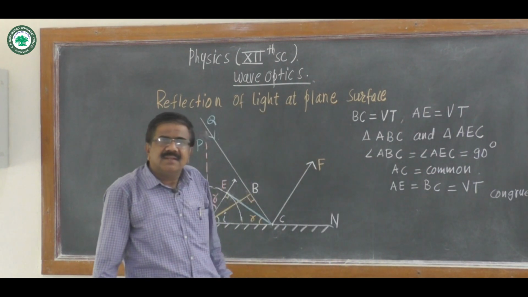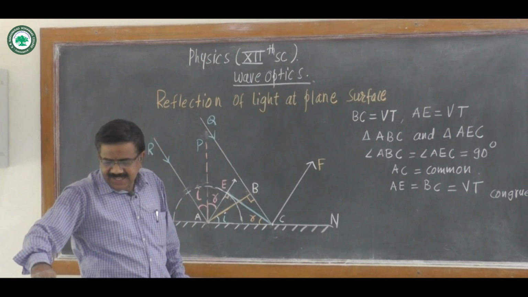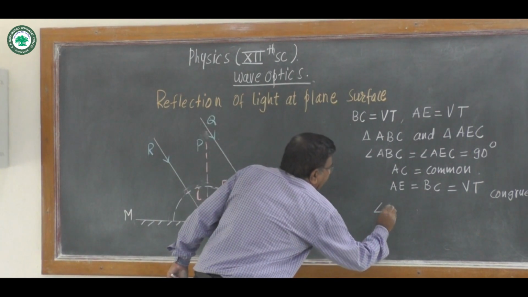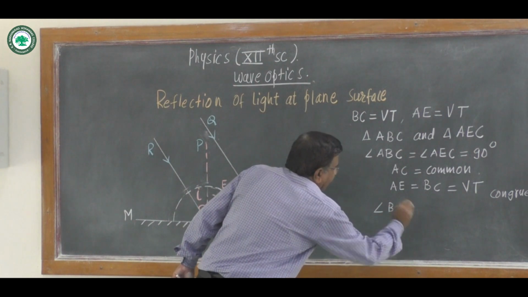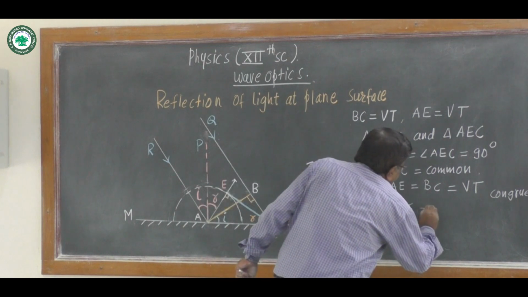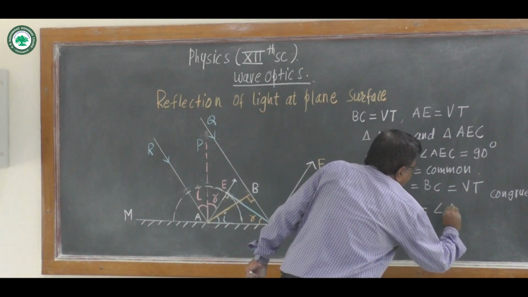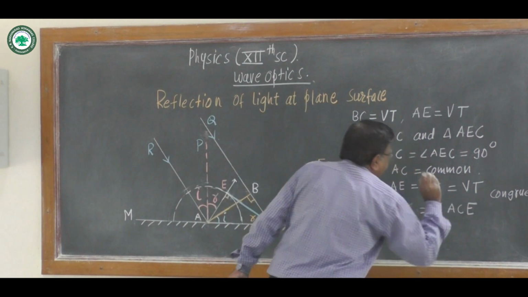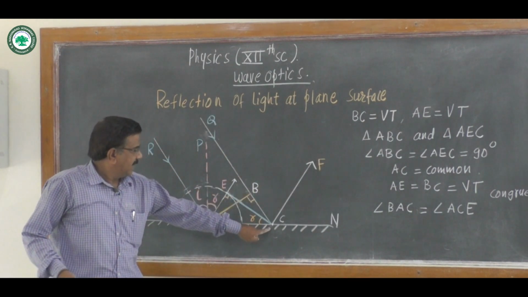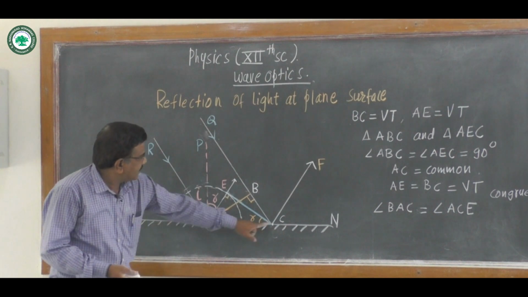The triangles are congruent, and hence we write angle BAC is equal to angle ACE.